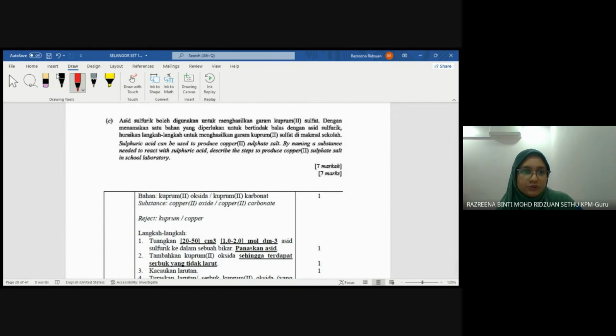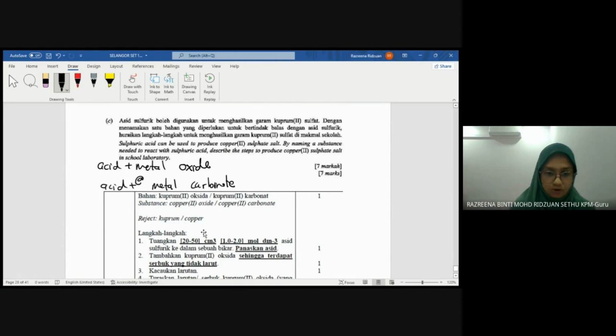From acid, you can either use acid plus metal oxide, or you can use acid plus metal carbonate. Whichever one. Do not write copper because acid and metal cannot react because copper is less electropositive.